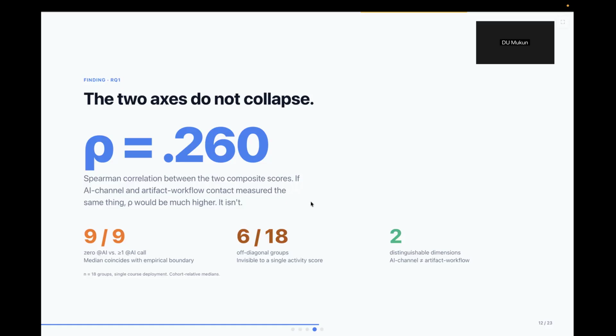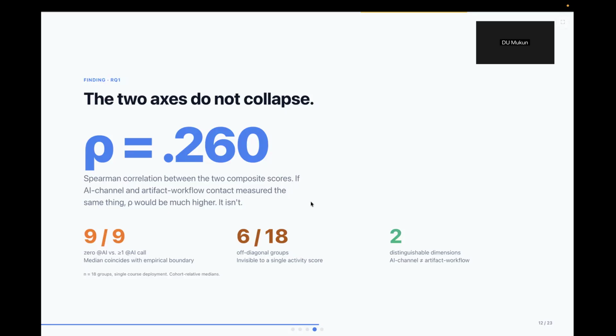And the second is 6 by 18, which means among 18 groups, we have found 6 groups. They have a not even using. They either use the @AI a lot and they did not focus on uploading their work, or they focus on uploading their reports a lot and they did not send any messages to AI.